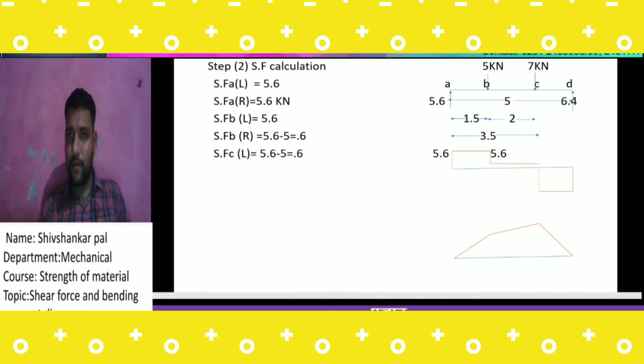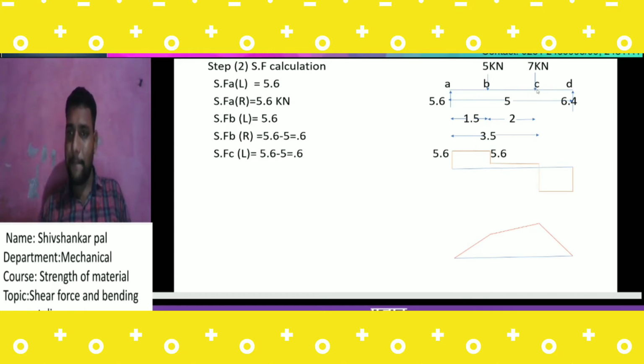When I go to the right-hand side of point C, I see three forces. One is 5.6 kN in the upward direction, second is 5 kN in the downward direction, and the third one is 7 kN in the downward direction. Just left of point C, I see only the two loads.